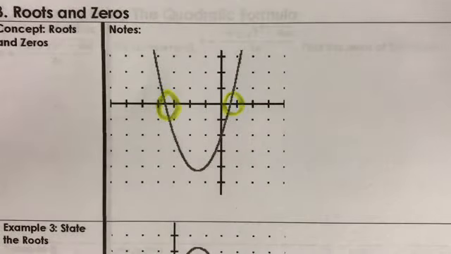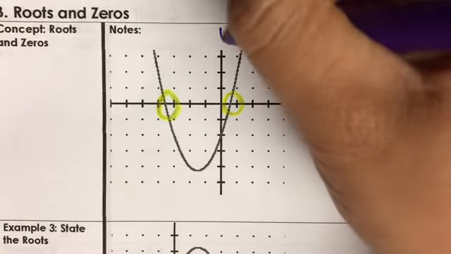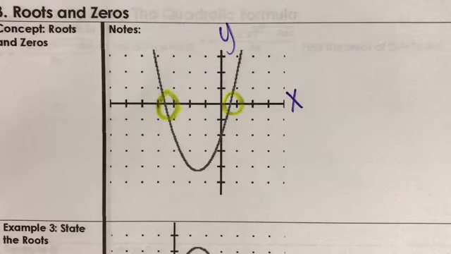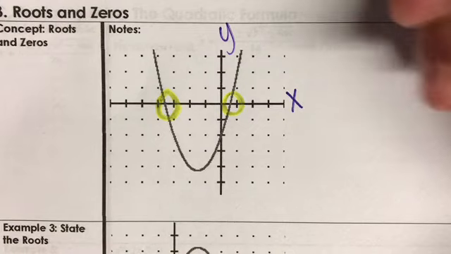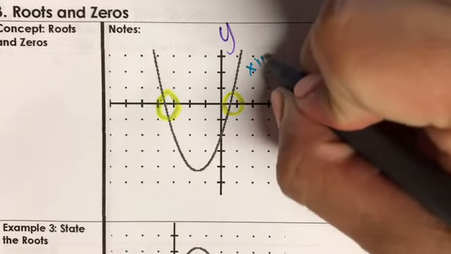x-axis. So if I have an axis, this is my x and that's my y. So these are the x-intercepts.